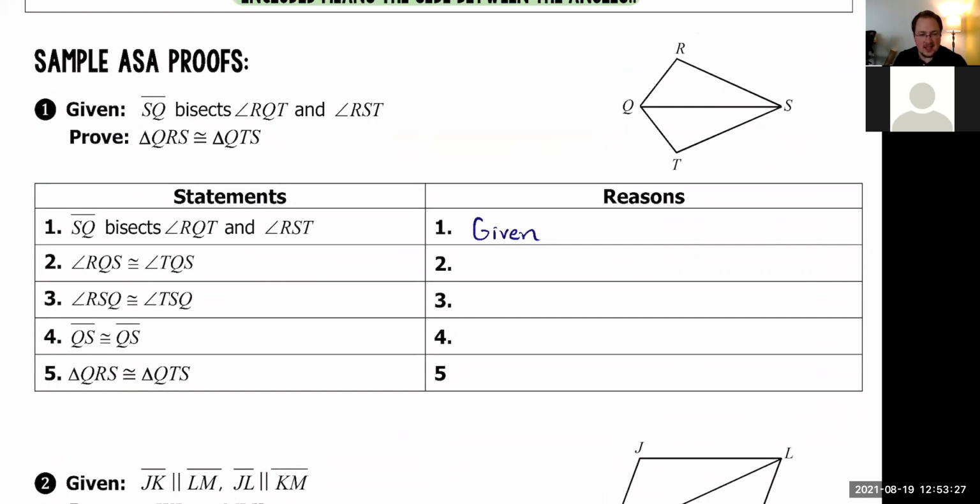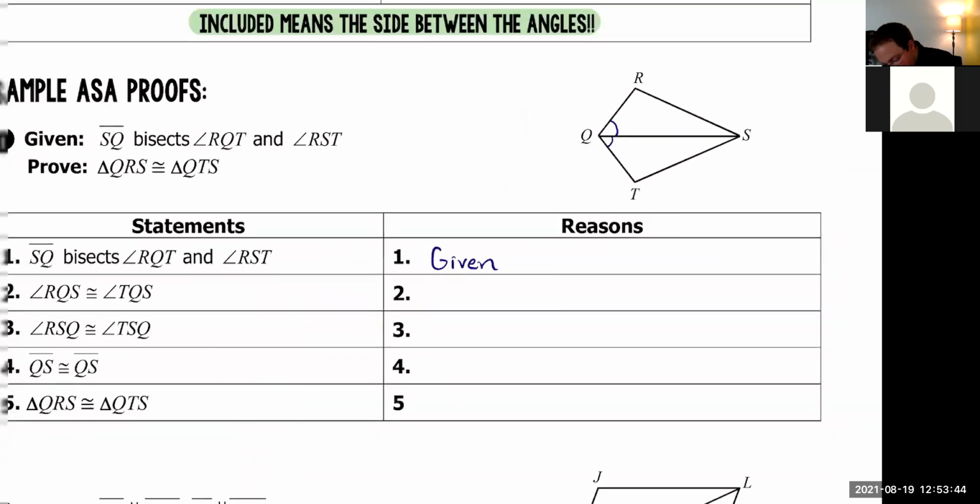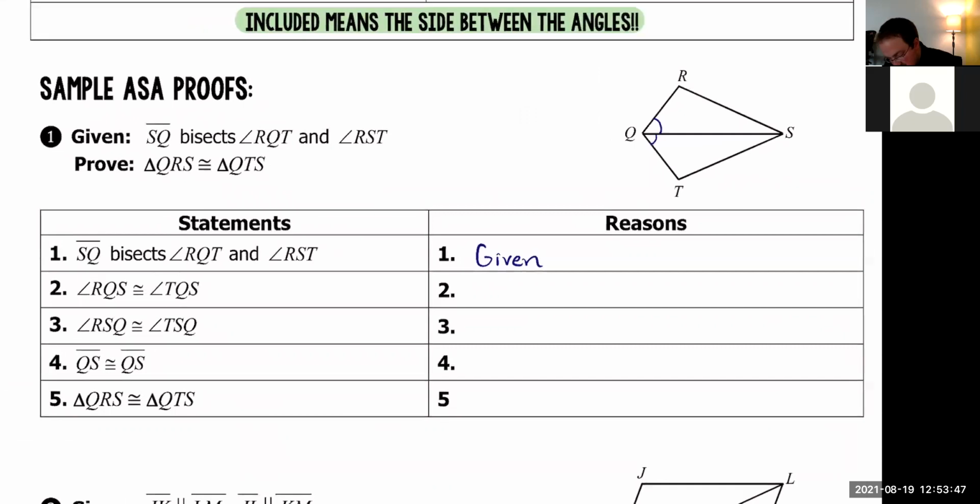First one is that angle RQS is congruent to angle TQS. So RQS and TQS is claiming that this angle and this angle are congruent. How can we defend that statement?